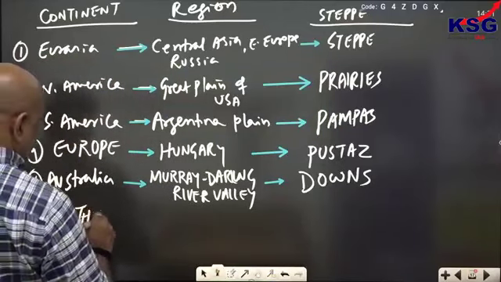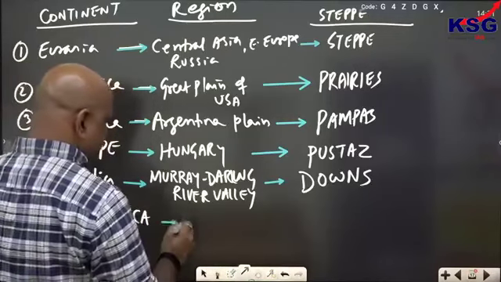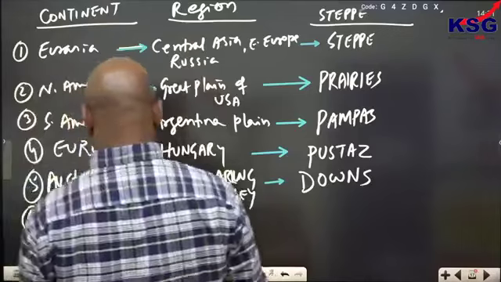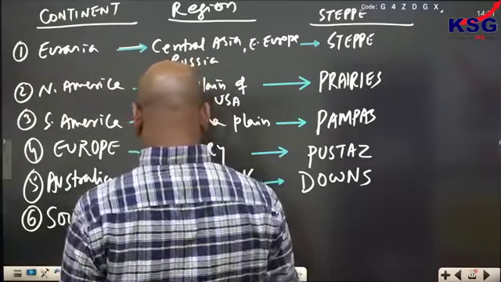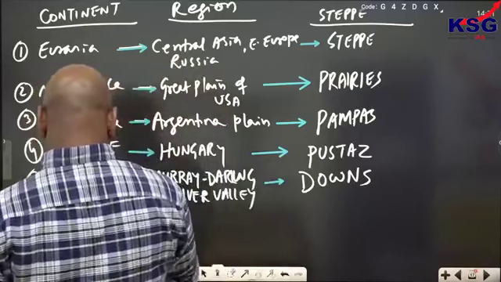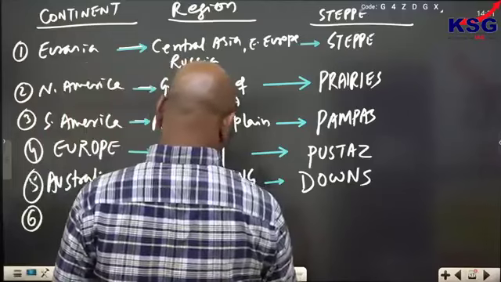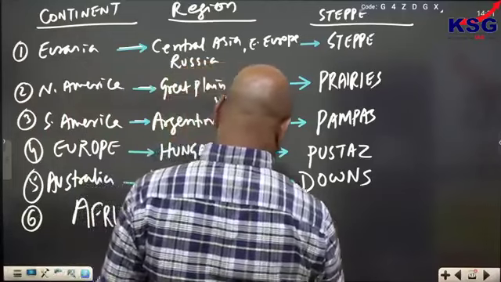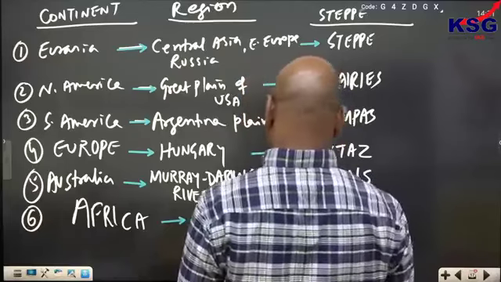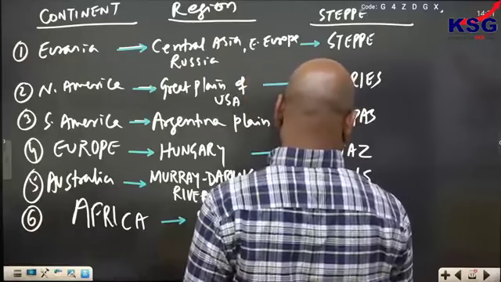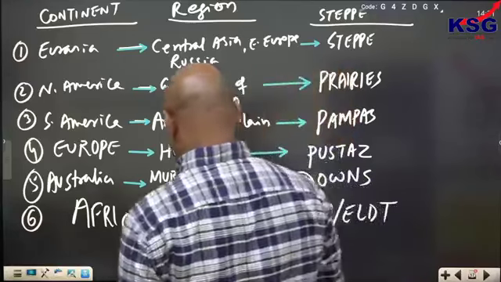In Africa, it is South Africa. In South Africa, this region is called Veld grassland area.